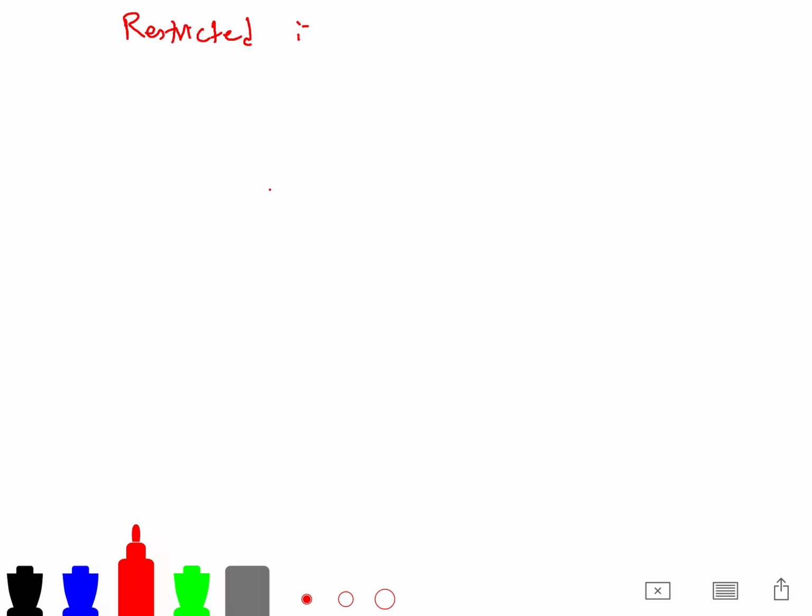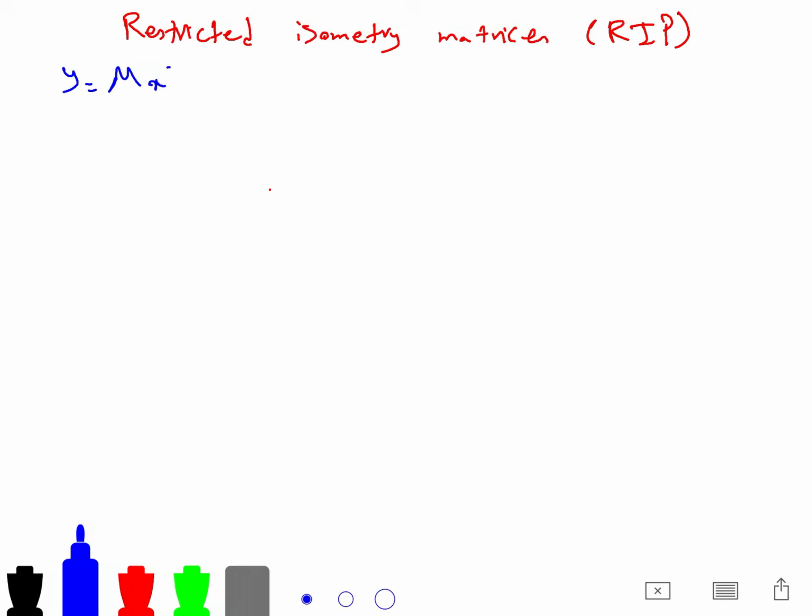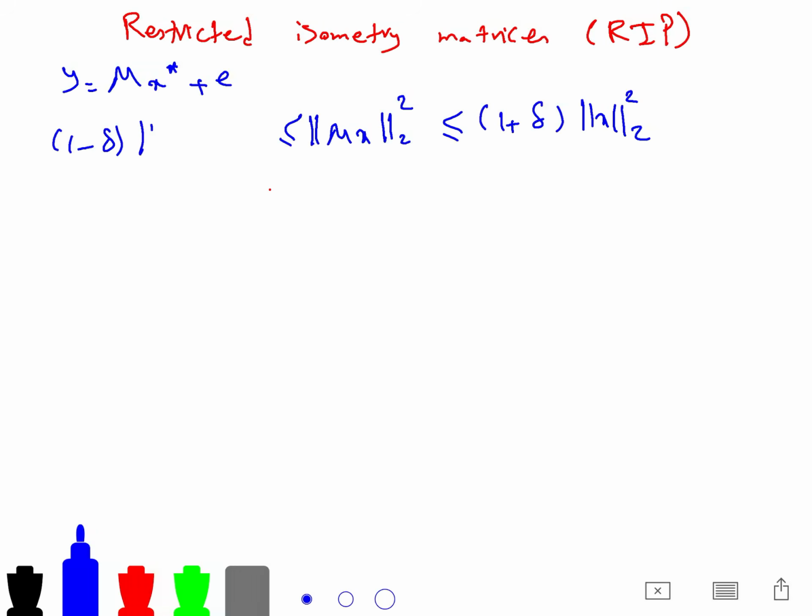Restricted isometry matrices, or RIP, you can view as a matrix M. You project and go to a lower space, but this time the length of the projected element should be between 1 plus delta x squared and 1 minus delta x squared.